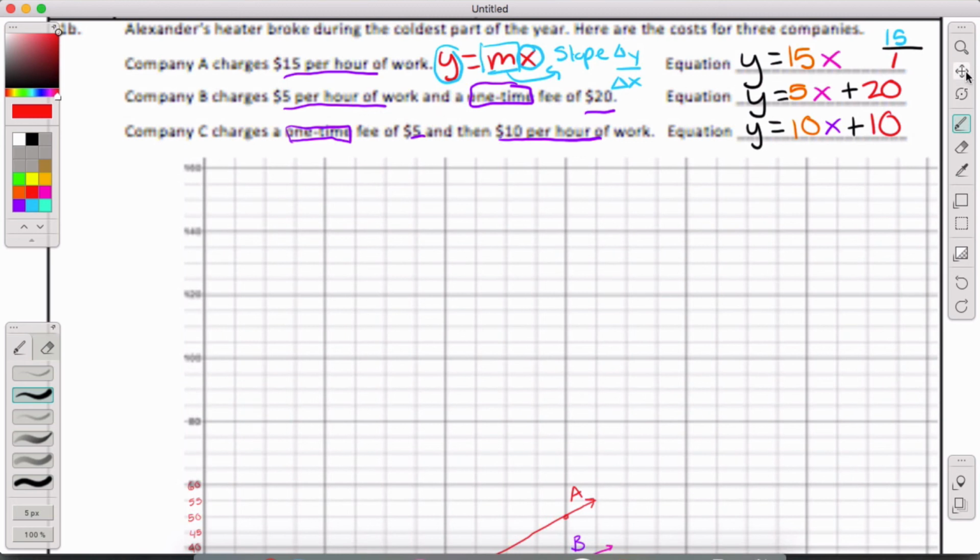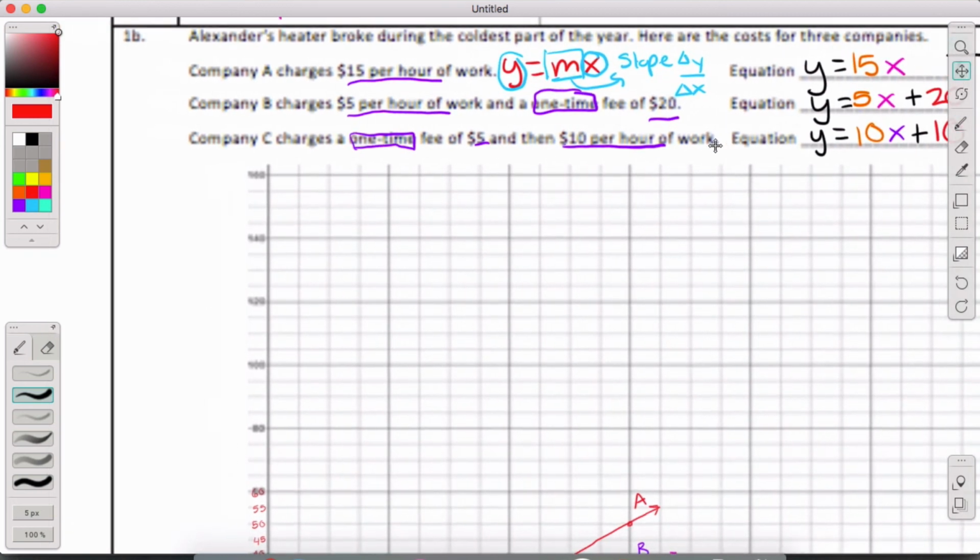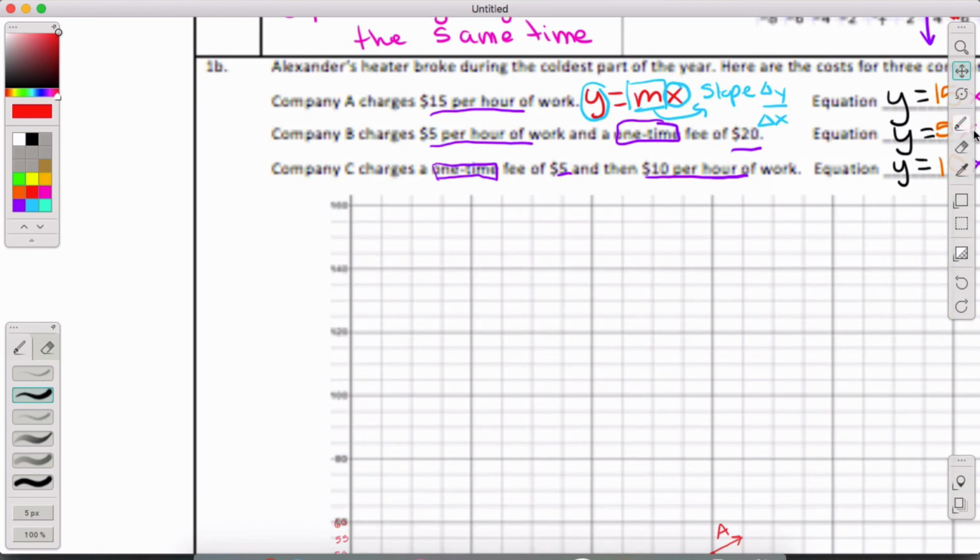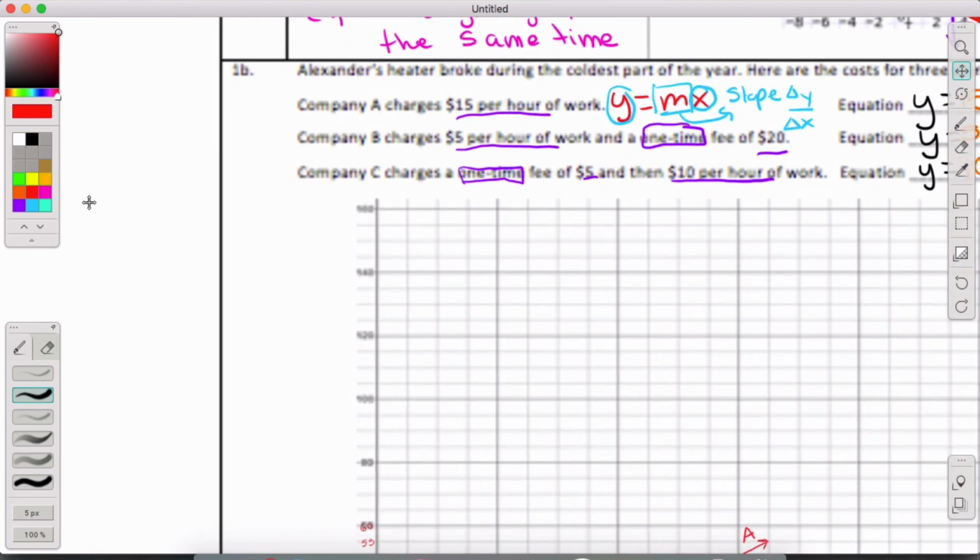So instead of not having a b value, these are linear equations, meaning that they have it. Means that their setup is y equals mx plus b. So it looks a lot like the proportional. The first part looks like it. The only thing that's added here is the b, which is the y-intercept.